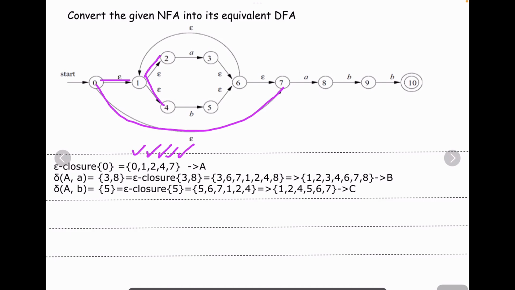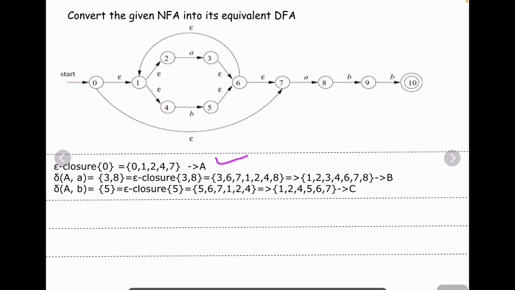I have given one name for it, that is A. Why? Instead of writing 0, 1, 2, 4, 7 each time, I can use one alias name for simplification purposes, A.